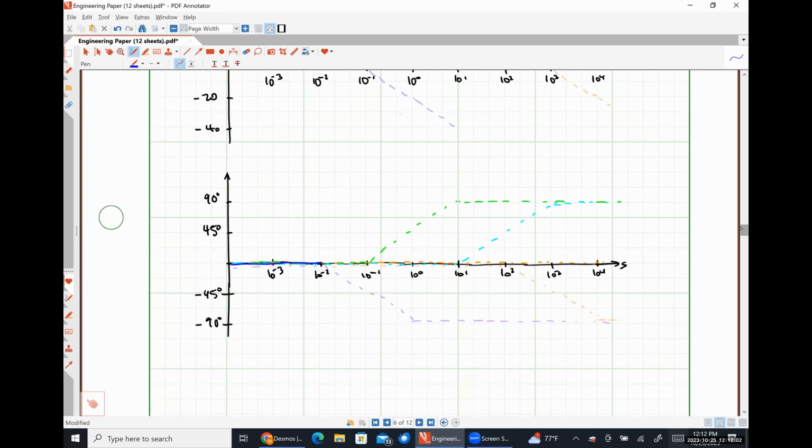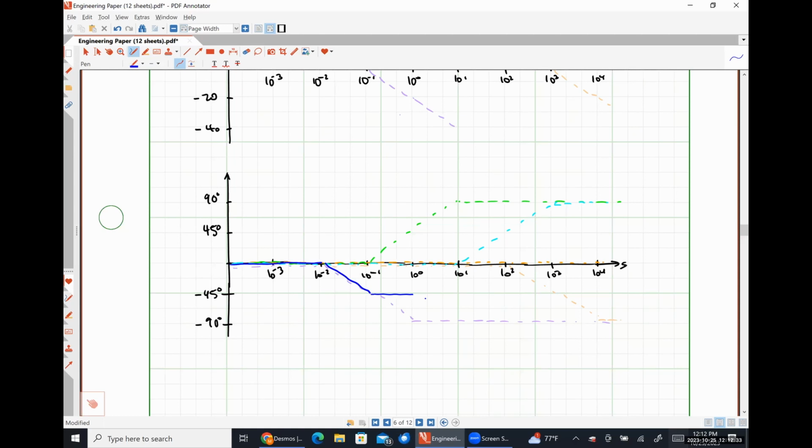Okay. Until we hit this point, then these guys are going to cancel each other out. So this should flatten until we hit this point, at which point, let's see, here we have 0 plus 0 plus 0 plus 0 plus 0 equals 0. Here we have a whole bunch of zeros and then one negative 45, so that's why it's there.